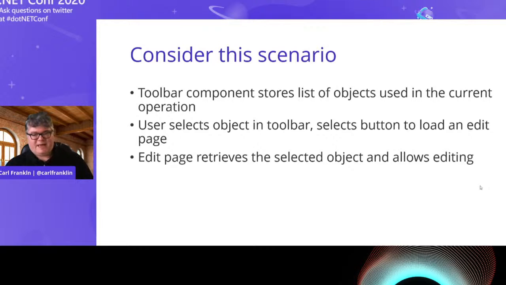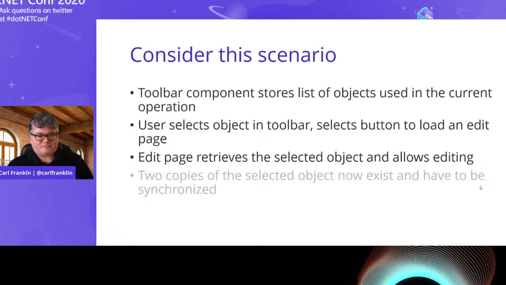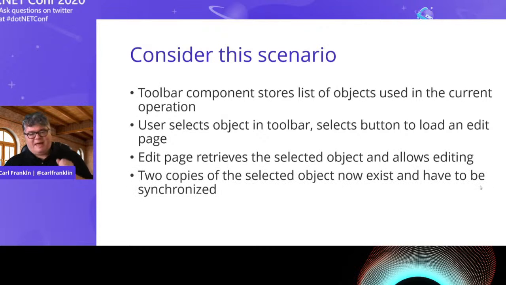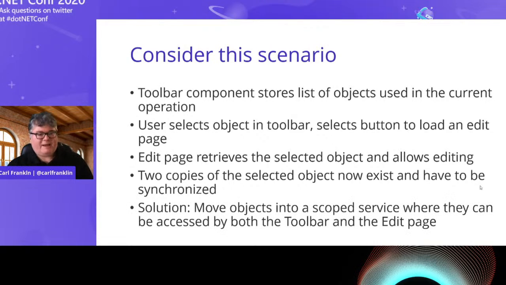Editing the page retrieves the selected object and allows for editing. If the page isn't using the same object that the toolbar is using, you've got two copies of that selected object, and now you have to synchronize those things. It's a pain, and we shouldn't be doing it.